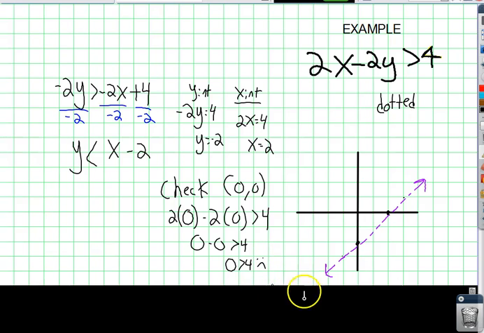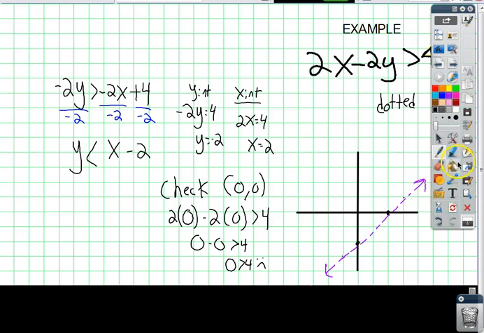No, it's not. So I can't shade above. I must shade below the line, which doesn't follow that trick, remember. Unless you go over here and look at y equals mx plus b. Since the y is isolated, I want y's less than my line. I would shade below.